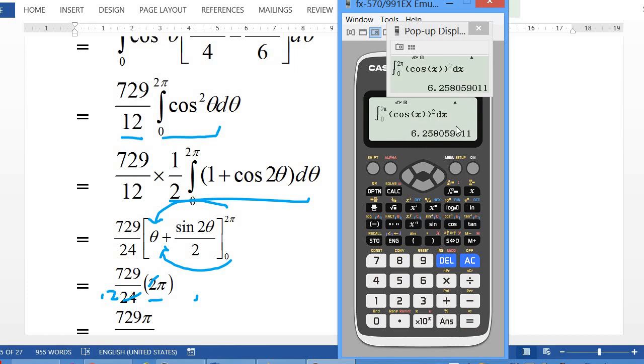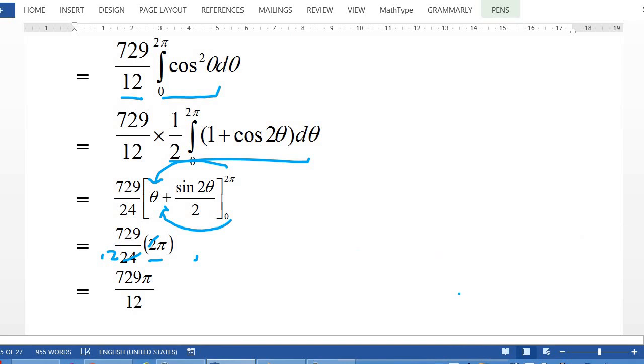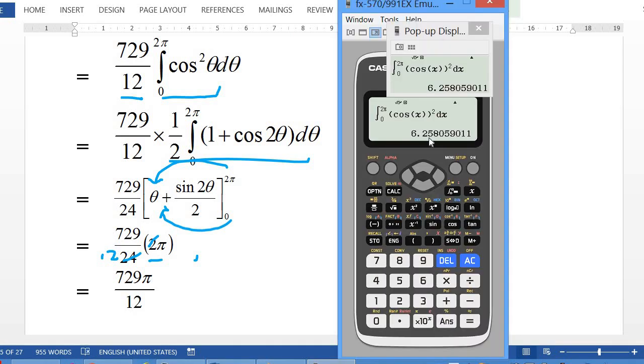Okay, this is the answer. We won't get it exactly here, but you get a fraction, doesn't matter. This is the answer for the integral of cos squared theta from 0 to 2 pi given by the calculator.